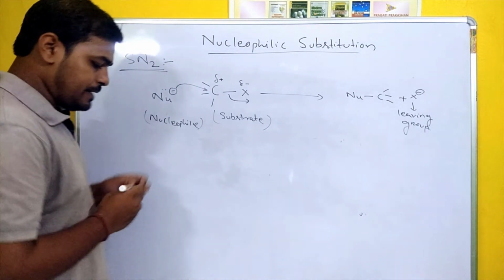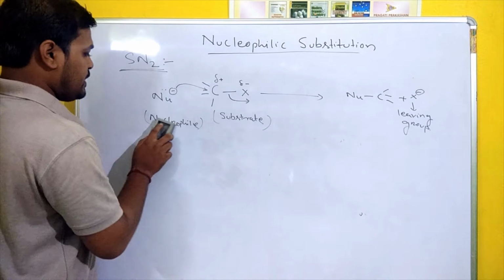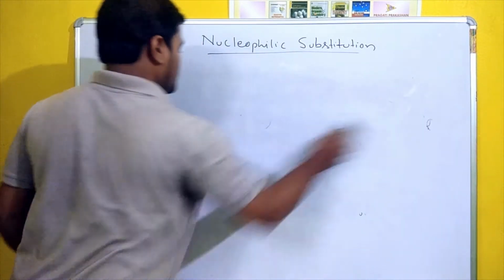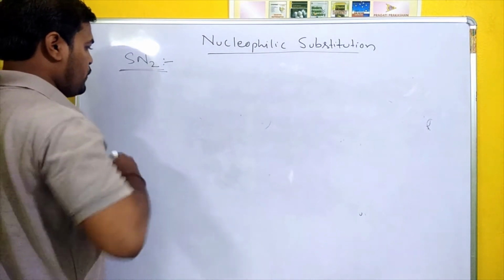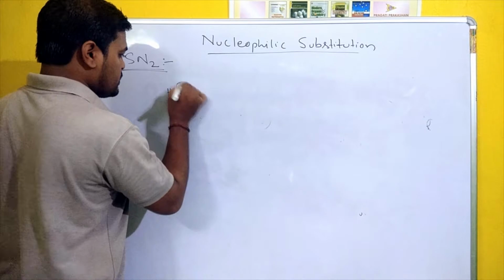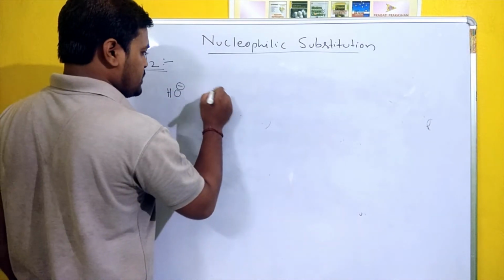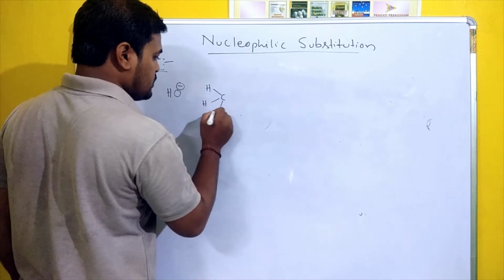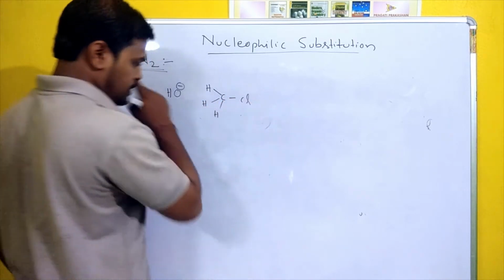So if we take an example, let us consider a nucleophile like OH minus, and the substrate is CH3Cl, methyl chloride.